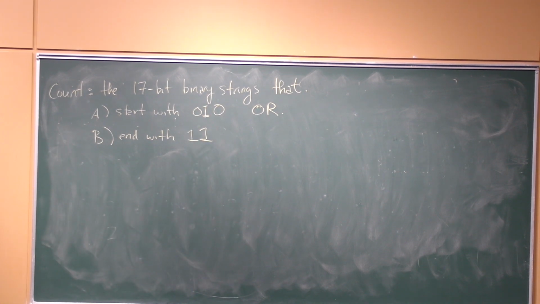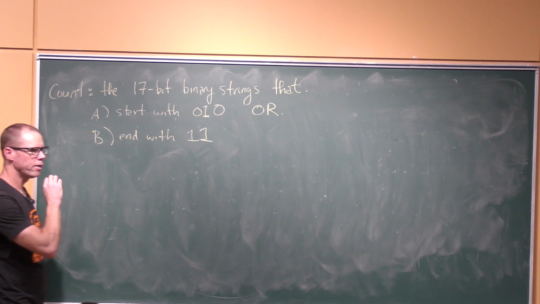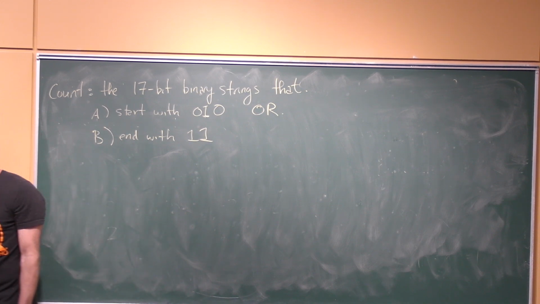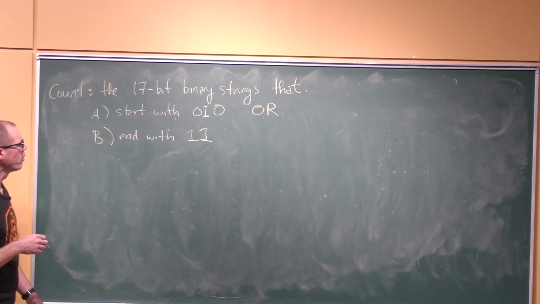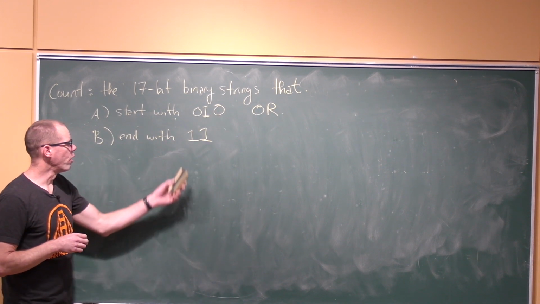Okay? So I want to count all of the length 17 binary strings. So these are strings over 0 and 1. And I only want to count the ones that start with 0, 1, 0 or the ones that end with 1, 1.